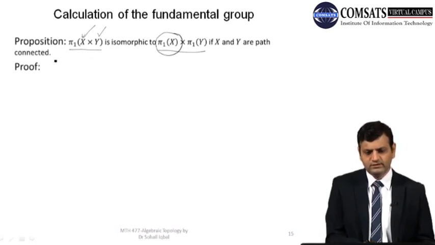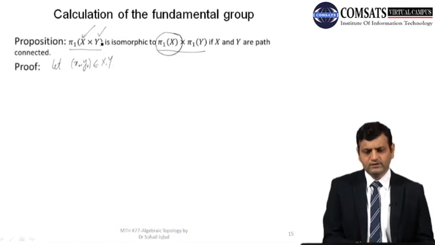So let (x naught, y naught) be a point in X cross Y. Of course, the fundamental group at each and every point is isomorphic, but we have to choose a point if we want to calculate the fundamental group. So we have chosen this point (x naught, y naught).